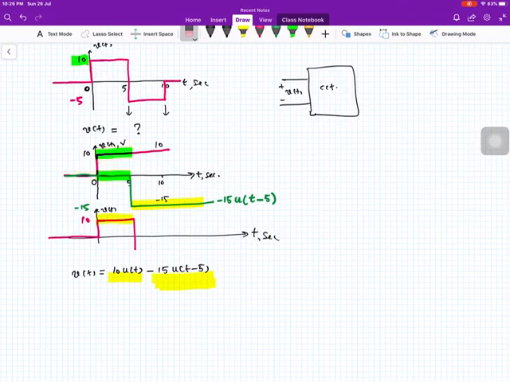There's some problem in my light pen. I don't know why it is not working over here. So let us keep it over here. I was discussing this.